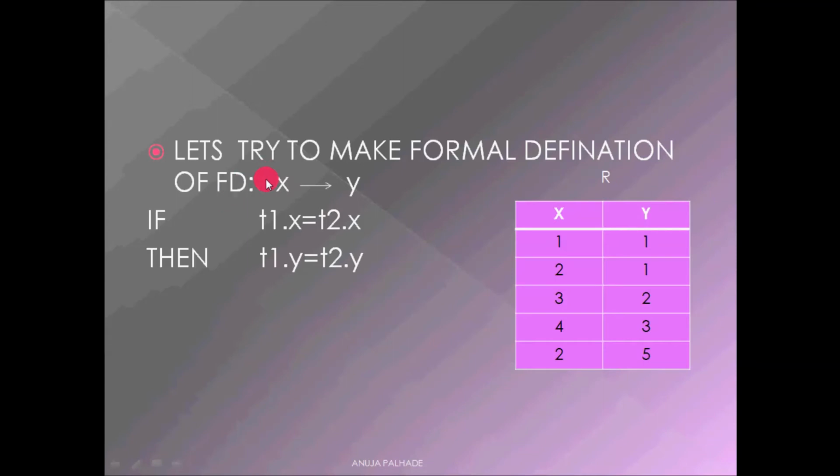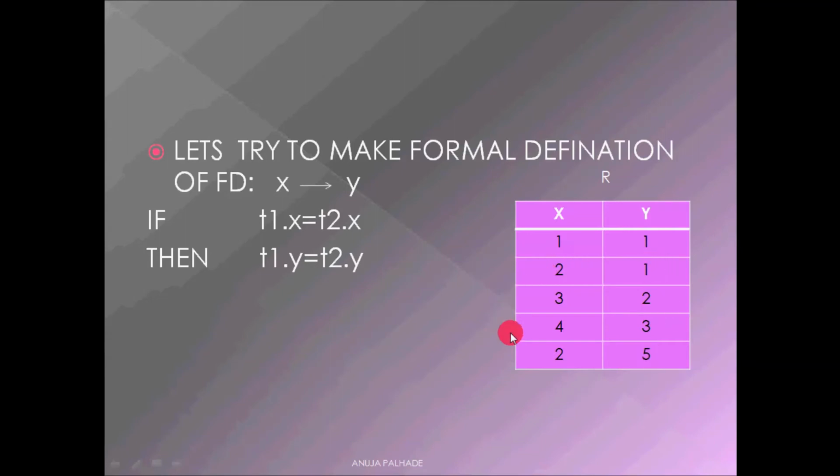Functional dependency, if we are saying X determines Y, if t1 of X is equal to t2 of X. If you find such a case, then t1 of Y must be equal to t2 of Y. It must be equal.